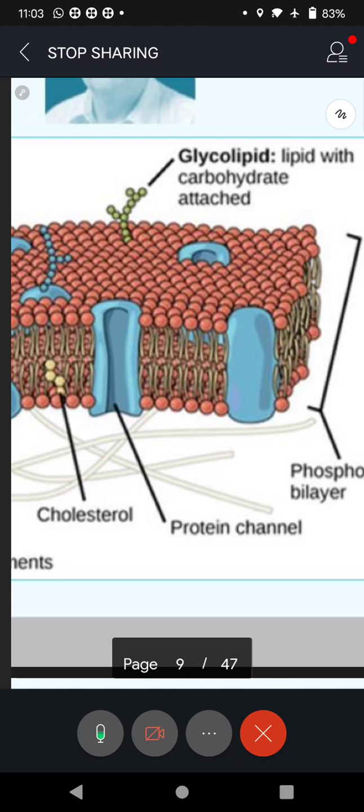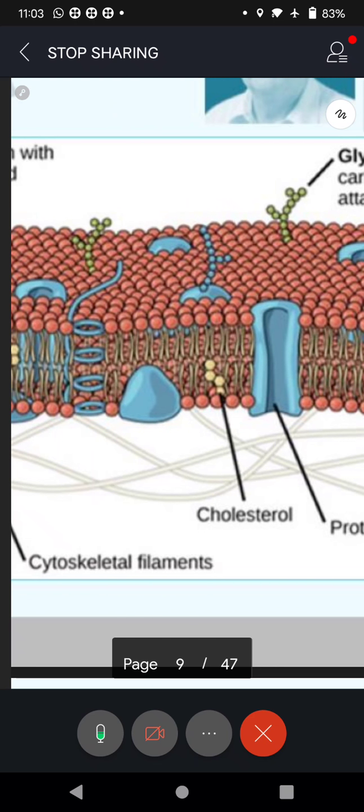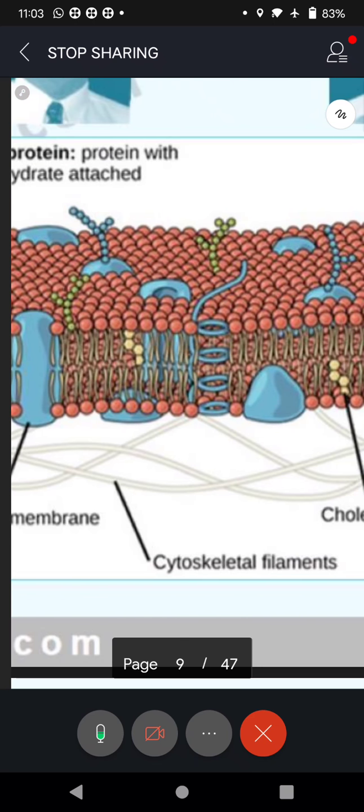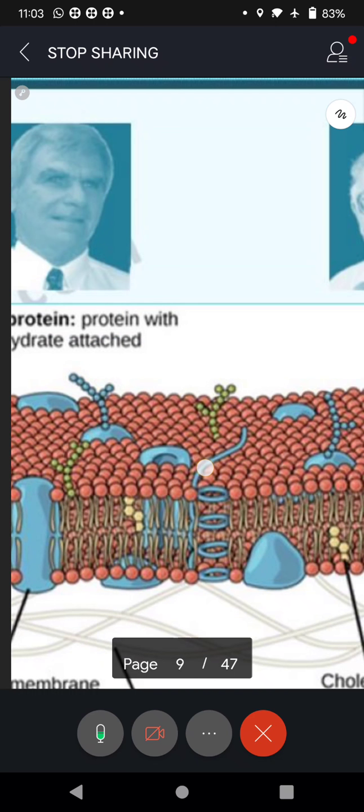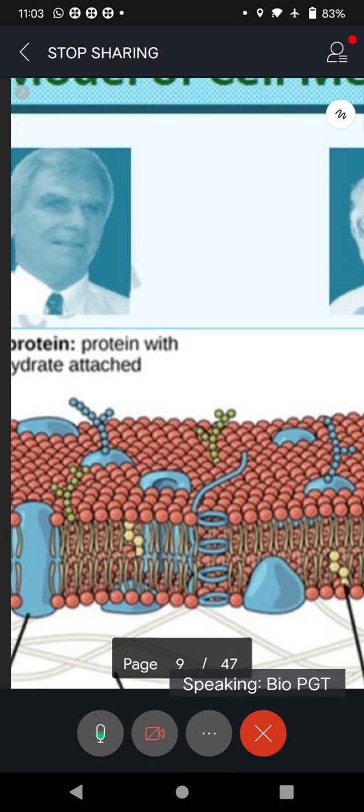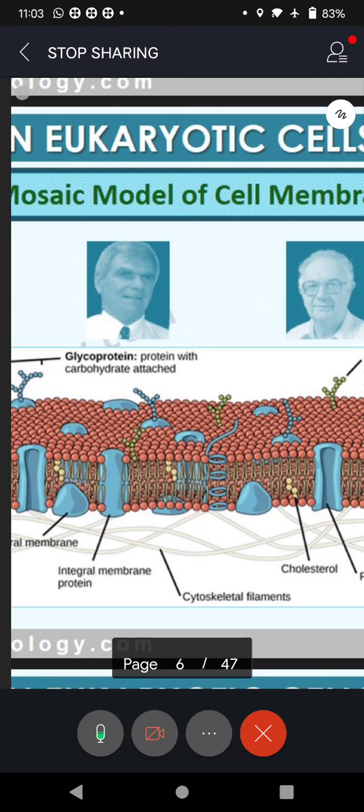Carbohydrates are mixed with fats, so we say glycolipids. And the fats are in two layers, as we discussed, a double membrane, the bilipid layer, and in between, proteins are embedded. So this is the structure of the plasma membrane proposed by these two scientists, Singer and Nicholson. This is their contribution, and this model is famous as the mosaic model of the cell membrane. Clear?